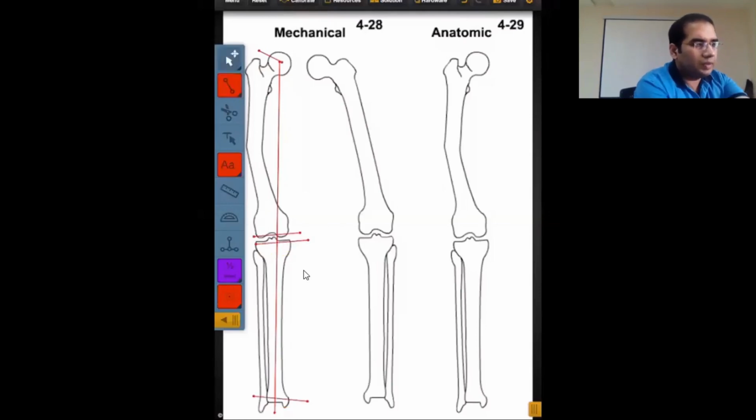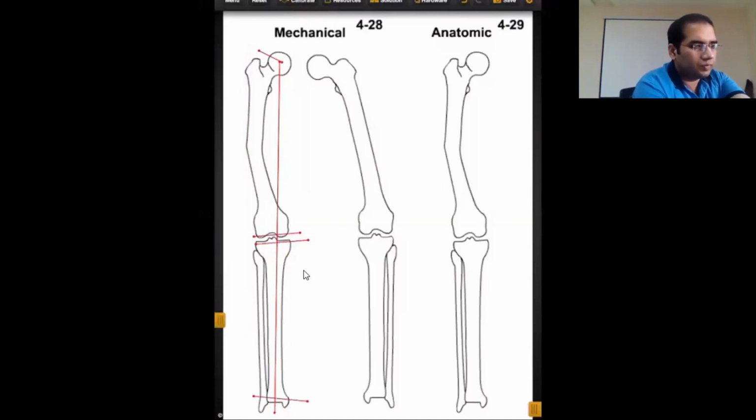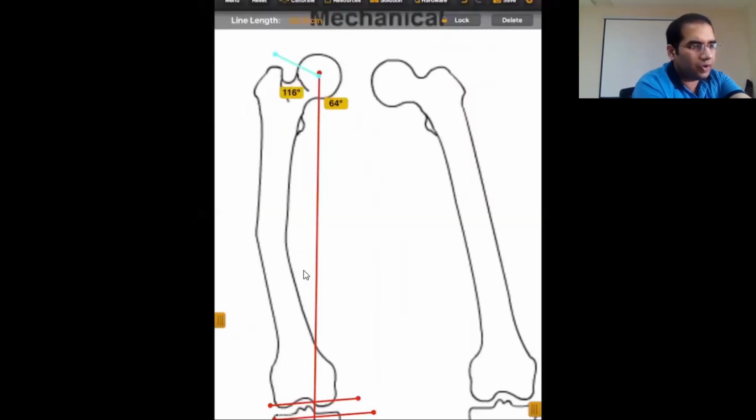Okay. First, we're simply going to draw the joint orientation lines.